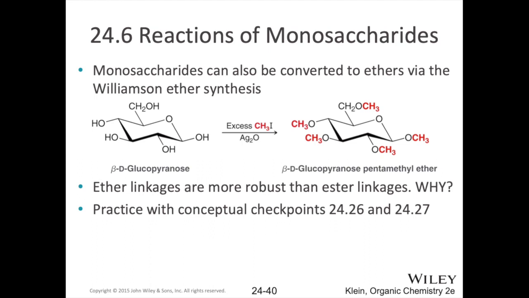So instead of esters, we convert them into ethers, and this is easily accomplished by taking an alkyl halide and having your alcohol come in as a nucleophile. So it basically does an SN2 substitution and swaps out the protons for alkyl groups. So you've got the corresponding ethers.